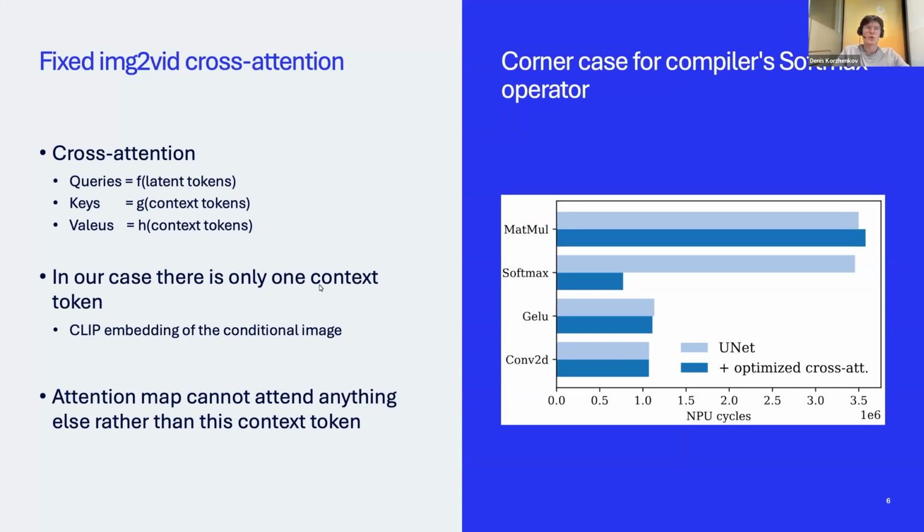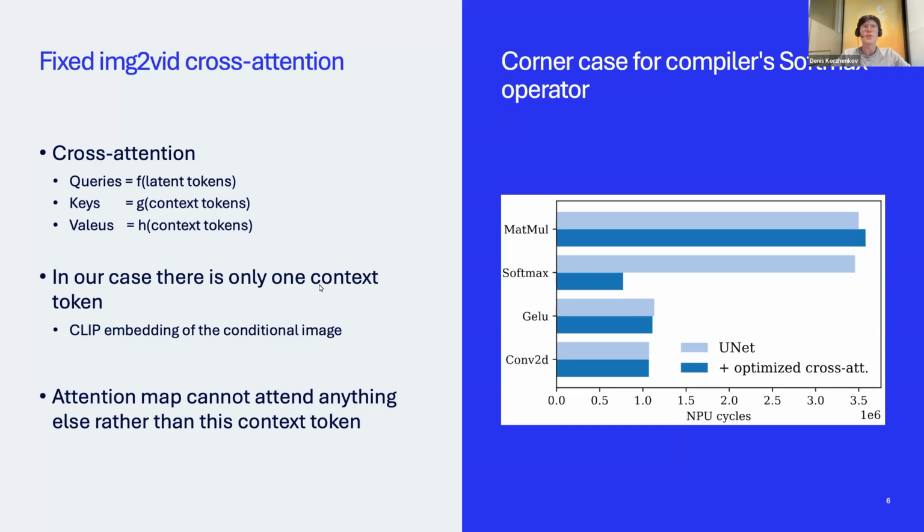Originally, as I've also already said, SVD used to be a text-to-video model, and this cross-attention operation made a lot of sense because this was the way to extract information from the textual description to the image tokens. However, since now it is an image-to-video model, we only have a single token, a CLIP embedding of the conditioning image.